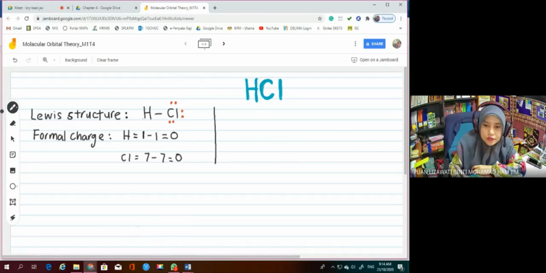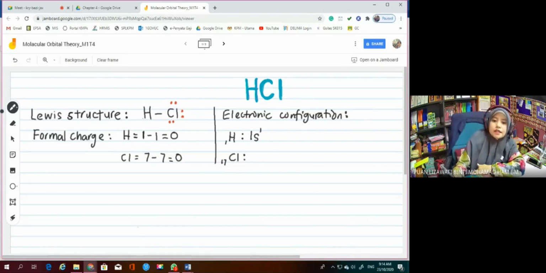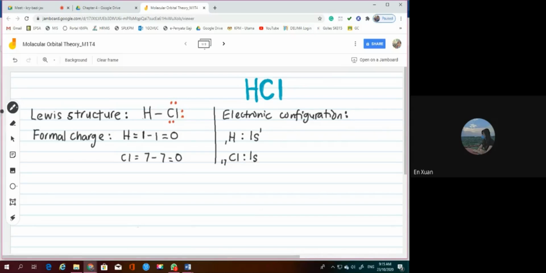So now here we have to write the electronic configuration. Why do we have to write the electronic configuration? So actually we want to identify the valence electrons. So hydrogen is 1, so 1s1. Okay, Cl, atomic number 17. Can you give me the electronic configuration for Cl? 1s2, 2s2, 2p6, 3s2, 3p5.